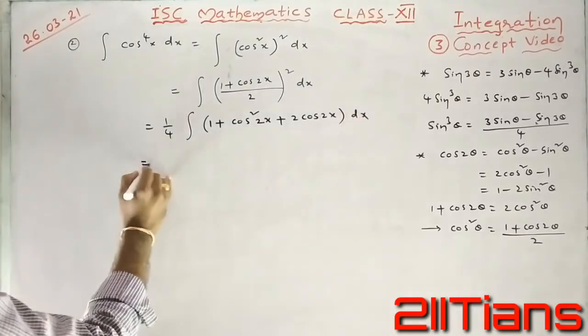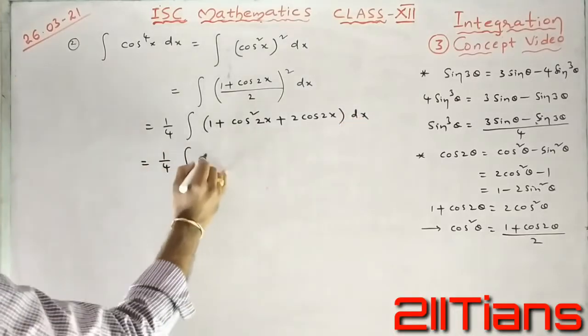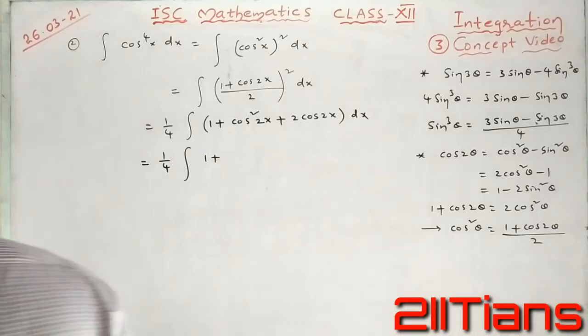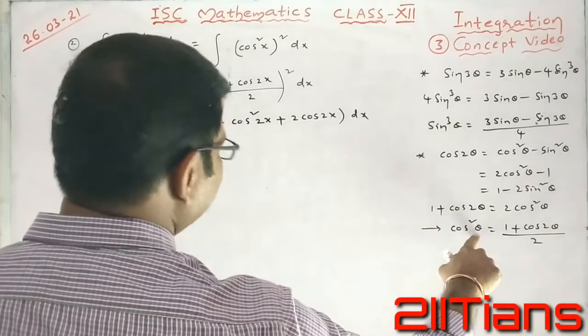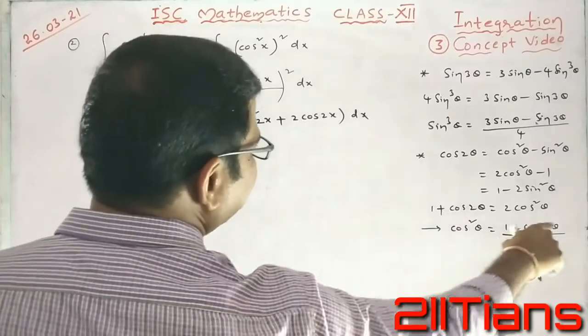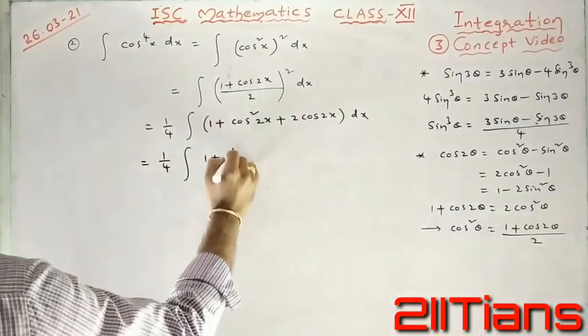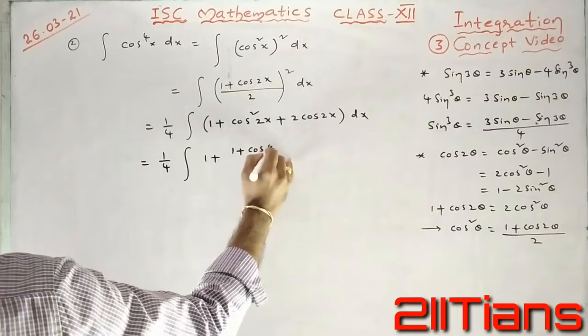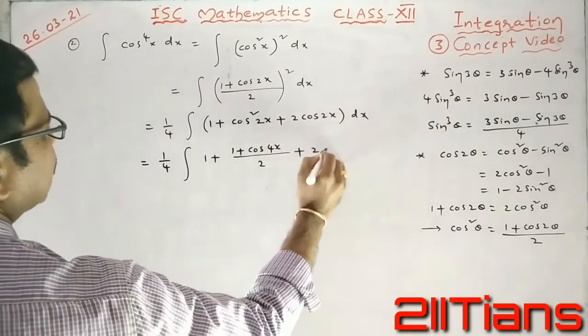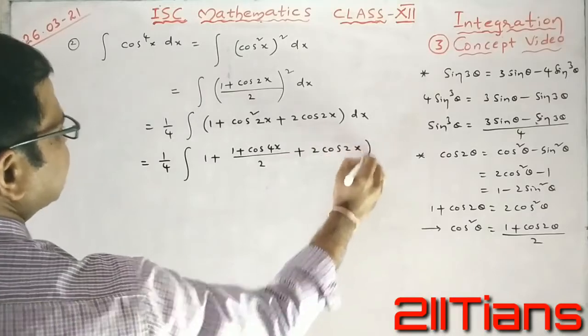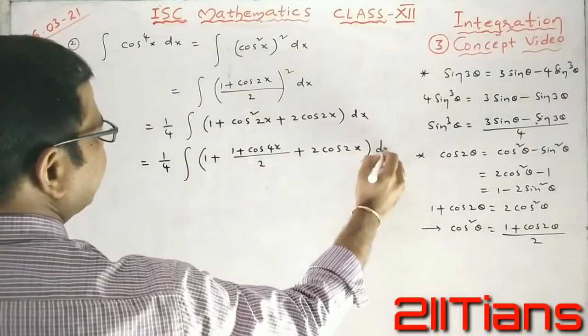But again, if you observe, we have cos square 2x here. In the place of theta, if you put 2 theta, we will get cos 4 theta, right? So 1 plus cos 4x by 2 plus 2 cos 2x. Listen carefully here.